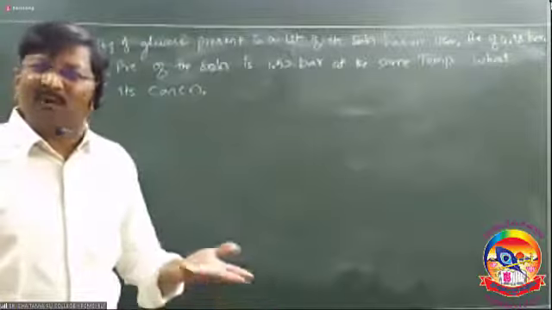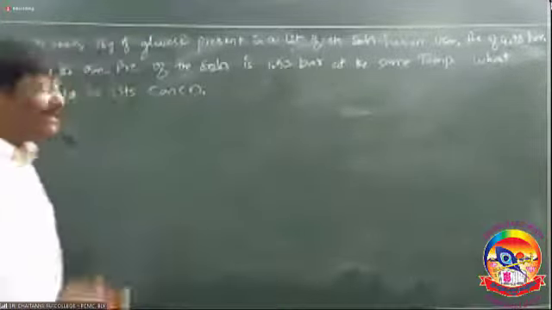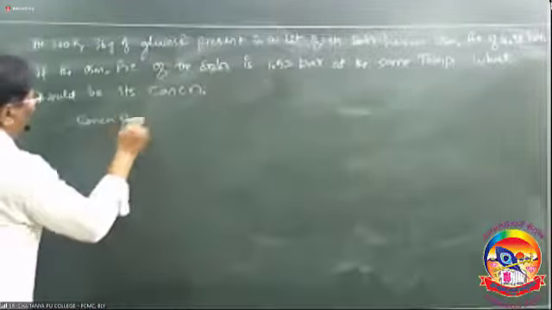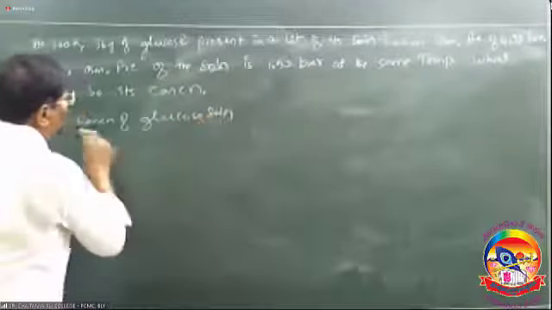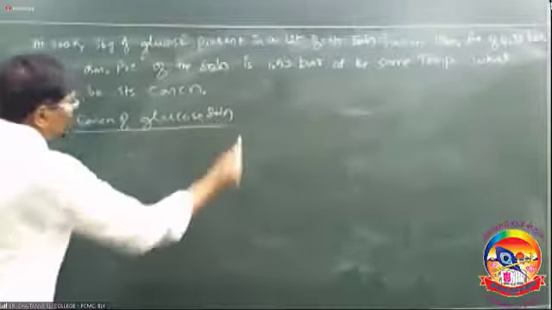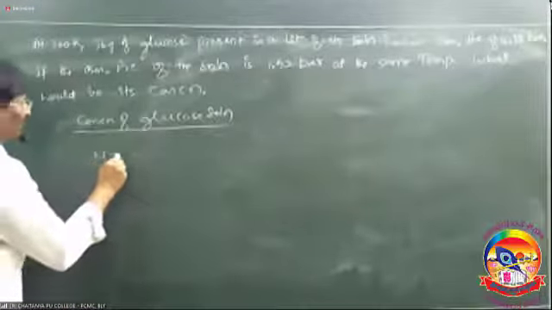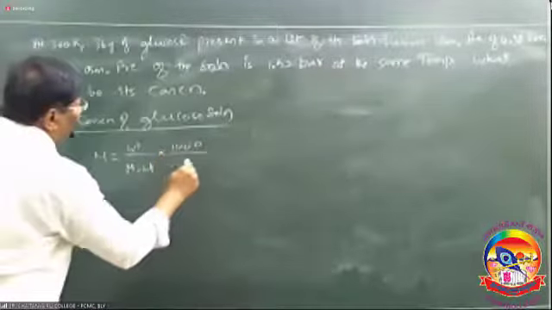So first of all, let us calculate the concentration of the glucose solution. What is the formula you have? M is equal to weight by molecular weight into 1000 by V in ml.